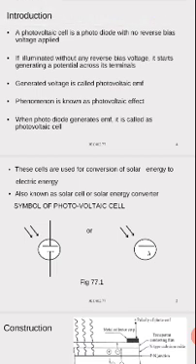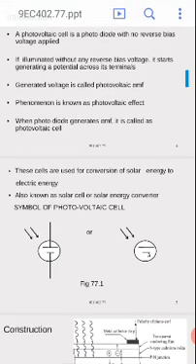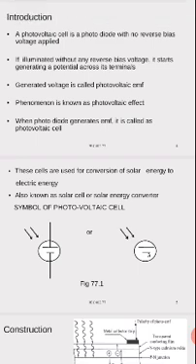The arrow marks are shown that indicates light falling on the device. Or it can be shown in other way. Inside the circle there is lambda representation. The lambda represents wavelength.